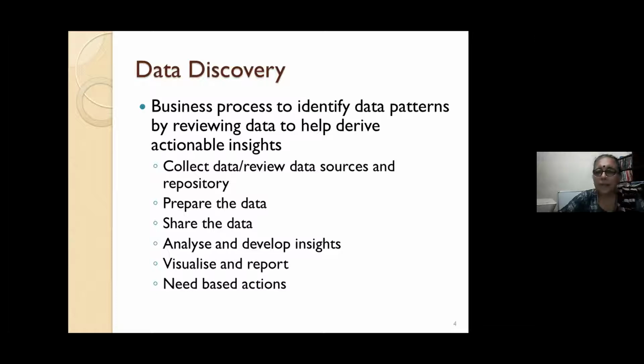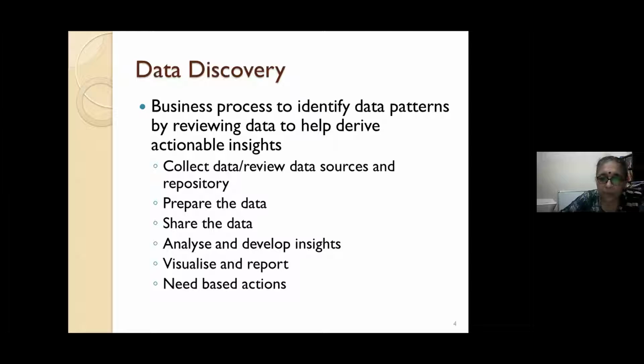This payroll service provider is collecting the data from these customers through various methods and sources, and they are storing it, processing it, and giving the reports or any actions which they need to take back to the customer. So during that process, the first step is collection of the data. The next would be how you review the data, analyze the data, and prepare the data for the end goal.